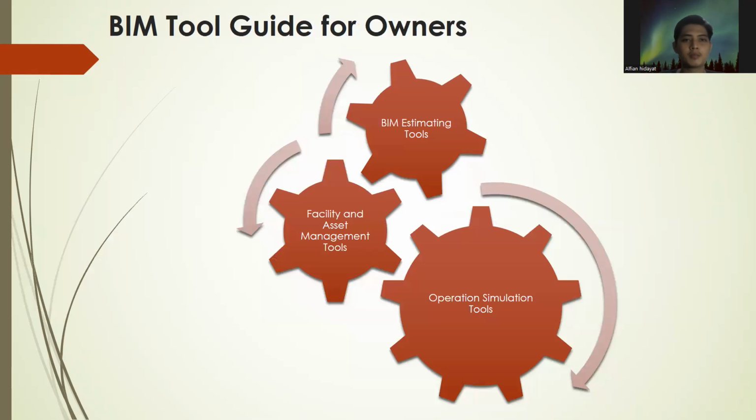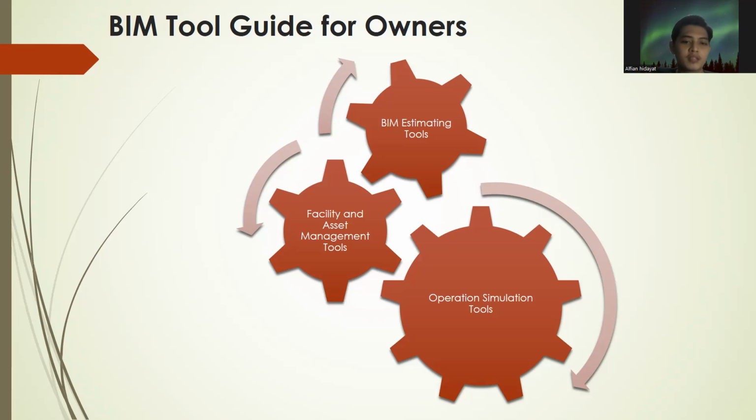Next is BIM tools for owners. There is a BIM estimating tool. BIM can estimate the building with the 3D model of the building. The next one is the facility and asset management tool. BIM can make a facility asset management tool, as explained before.